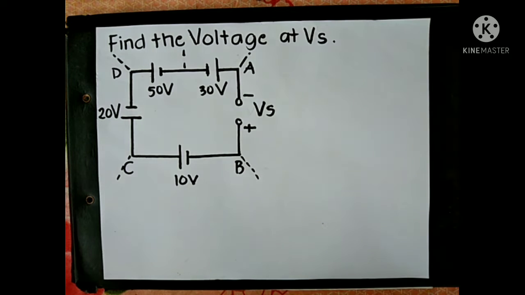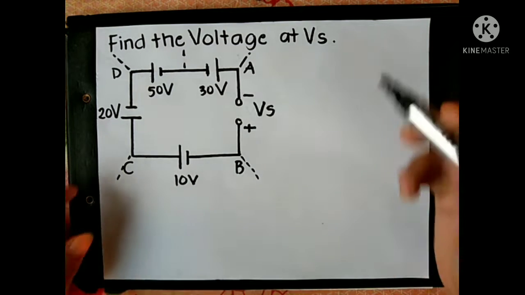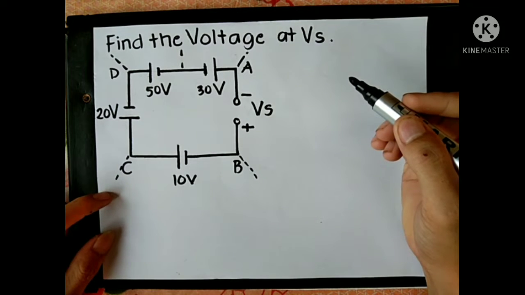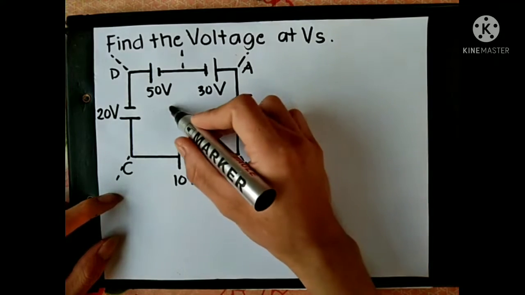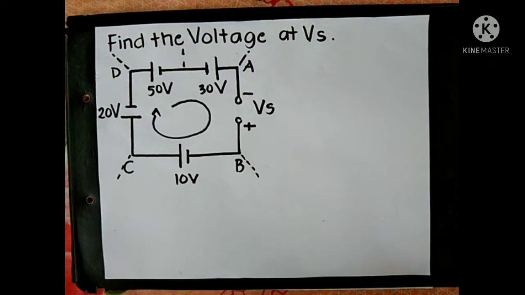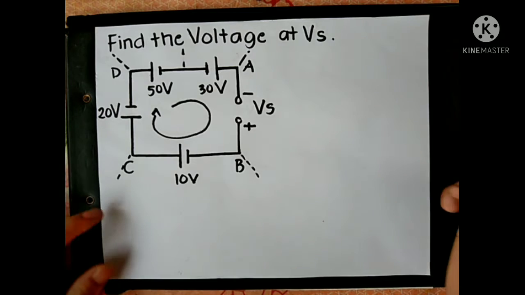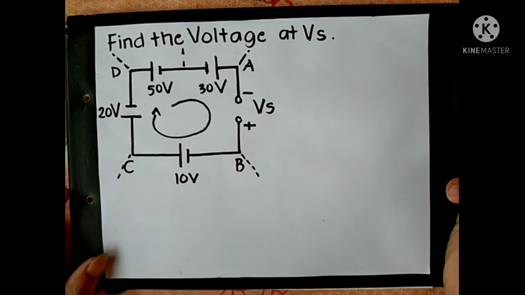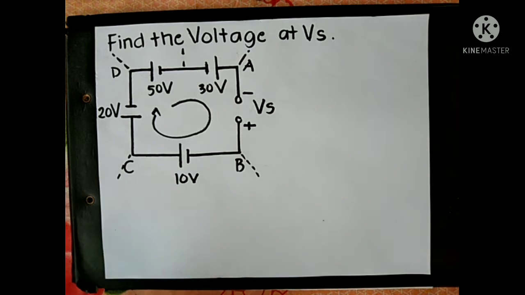We use the direction of the flow of the current through the clockwise direction. Let's start with the VS. First we need to make equations using Kirchhoff's voltage law.